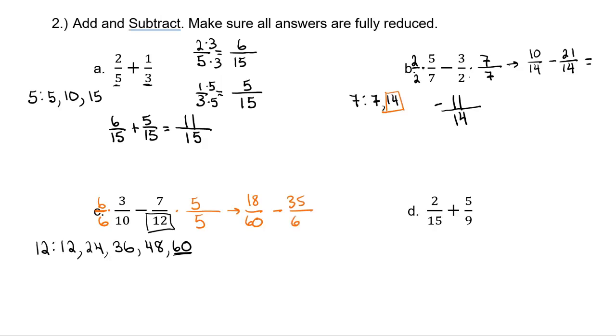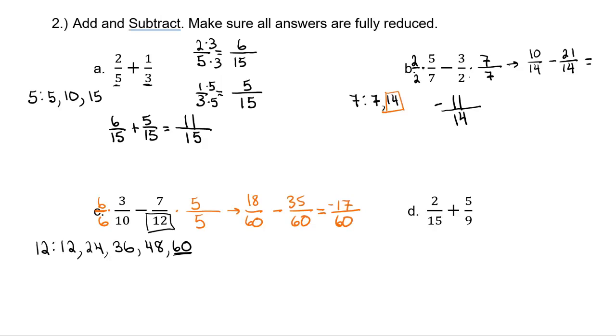All right, so I get 18/60 minus 35 over 60. Do my equals sign, draw my line, put 60. And now I go ahead and subtract. And in this case, I get negative 17. Now, just like any time you have a fraction as a final answer, you do need to pause and make sure that it's fully reduced. In each previous case, they couldn't be reduced.